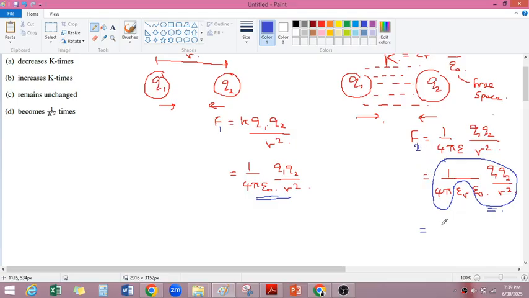So F2 is equal to F1 divided by epsilon r. Epsilon r can be replaced with K, because I told you K and epsilon r are same. That means F1 divided by K. So the force of attraction, when you put it inside some other medium, is going to be reduced by K times. So decrease by K times is the correct answer.